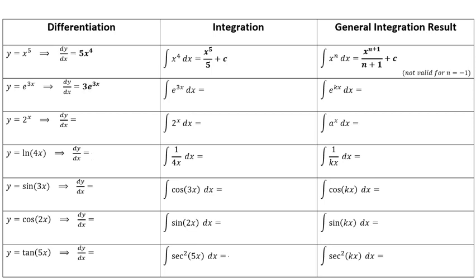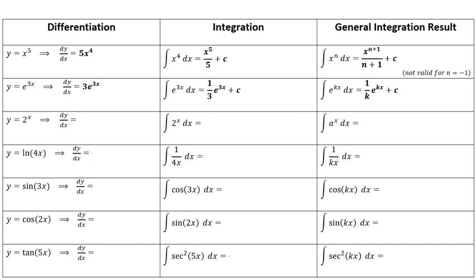So because e to the 3x differentiates to 3e to the 3x, when we integrate e to the 3x, we still get e to the 3x. We just divide by the derivative of 3x. And if we were integrating e to the kx, we divide by the derivative of kx. And that works fine, provided the derivative of the thing you're talking about is a constant.